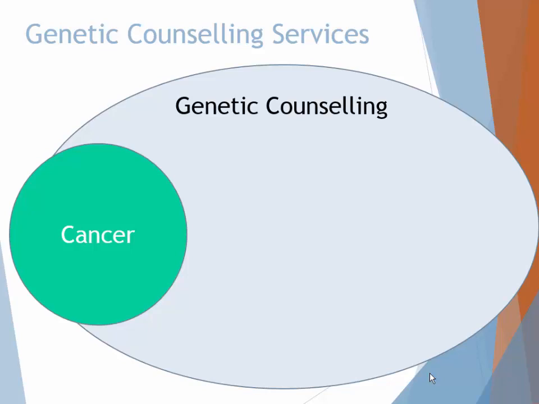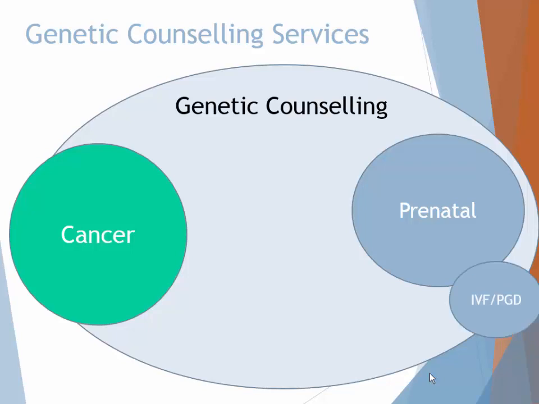So there's cancer genetic counselling, prenatal. Part of that obviously involves preconception and pre-implantation genetic diagnosis counselling through the IVF process. There's a particular statewide service called the Genetics of Learning Disorders.